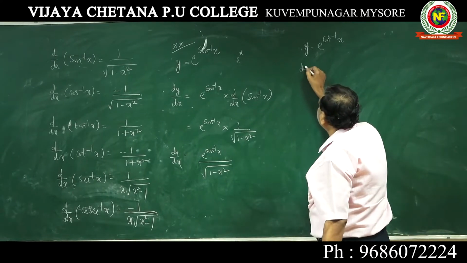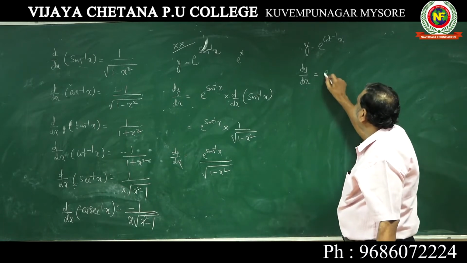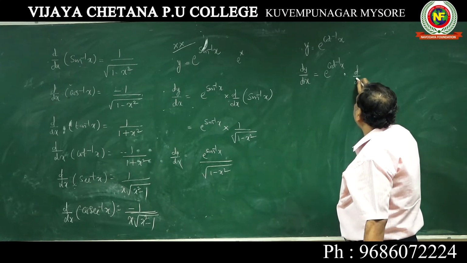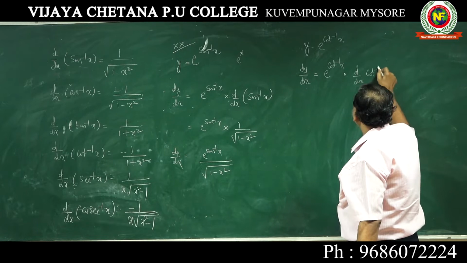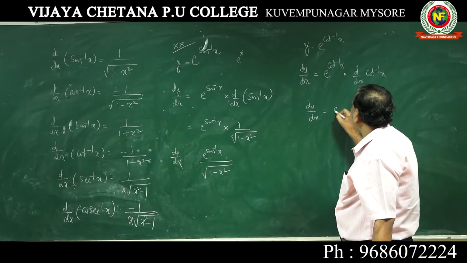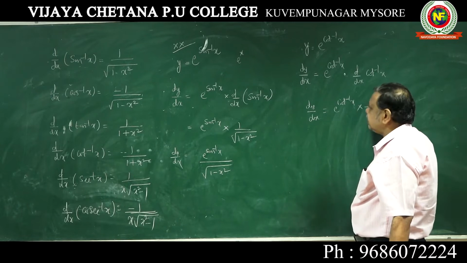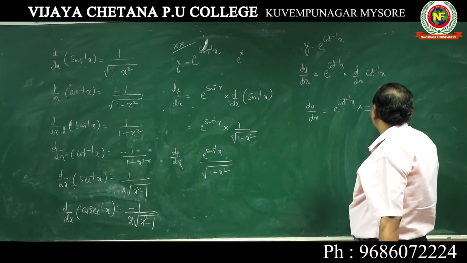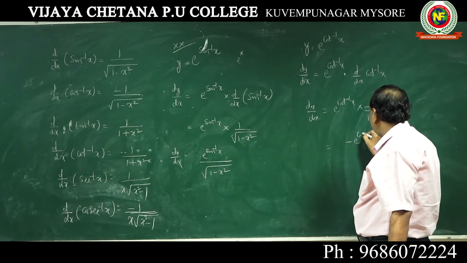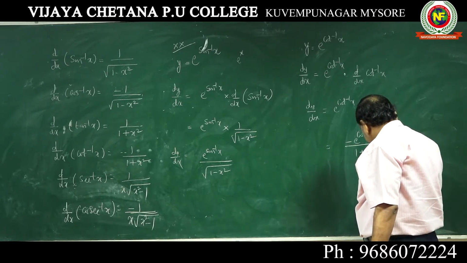So dy by dx is equal to e to the power of cot inverse x into d by dx of cot inverse x, which you know is minus 1 over 1 plus x square, or it is minus e to the power of cot inverse x by 1 plus x square. This is the answer.